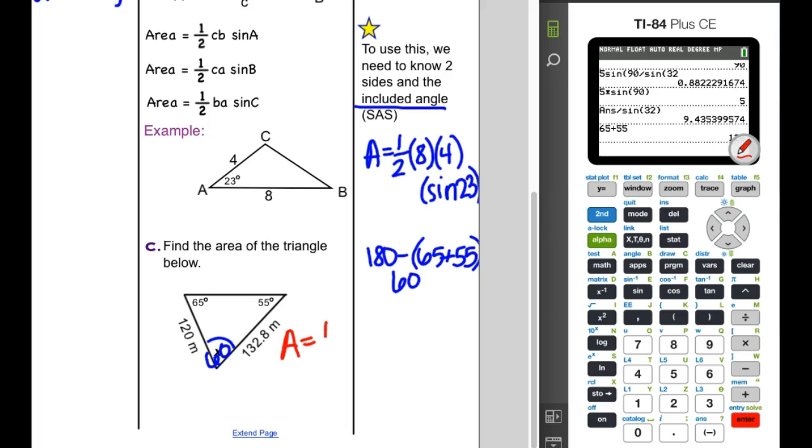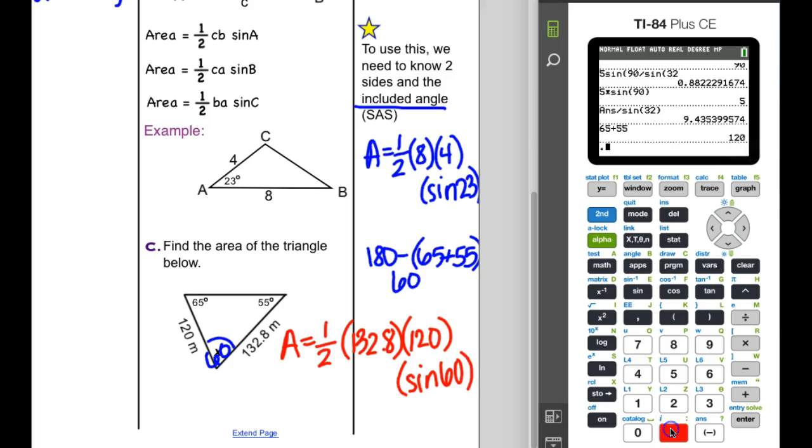is going to be 1/2 times 132.8 times 120 times the sine of 60. So we come over here and we put that in the calculator. 0.5 times 132.8 times 120 times the sine of 60.